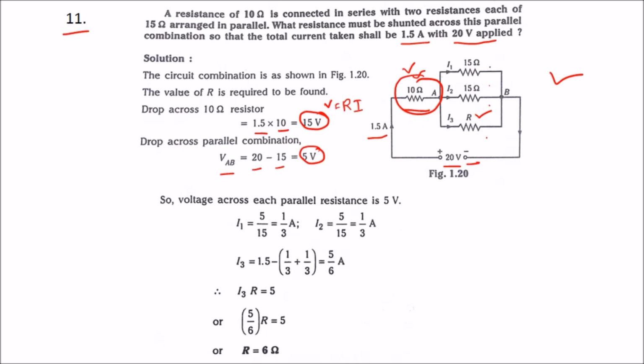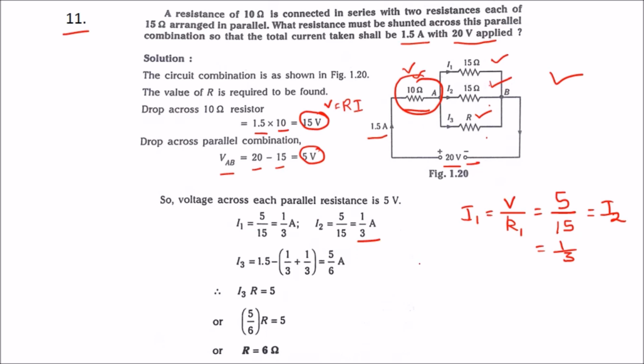Now we will calculate I1 and I2 using this voltage. I1 is nothing but V by R1. We found V, that is 5, and R1 is 15. This is similar for I2. So it is nothing but 1 by 3. Both I1 and I2 we found out to be 1 by 3.